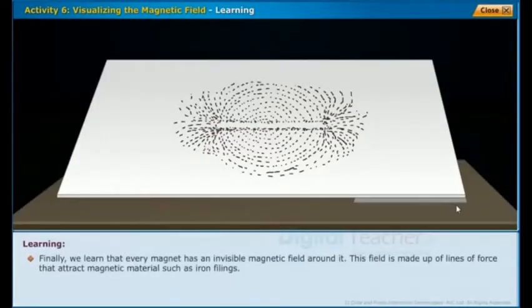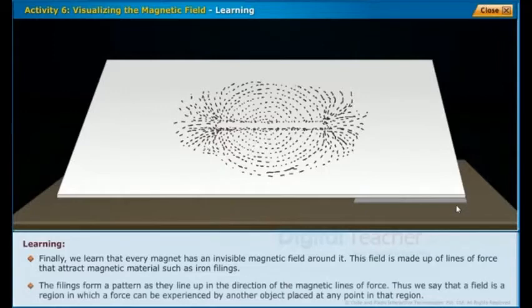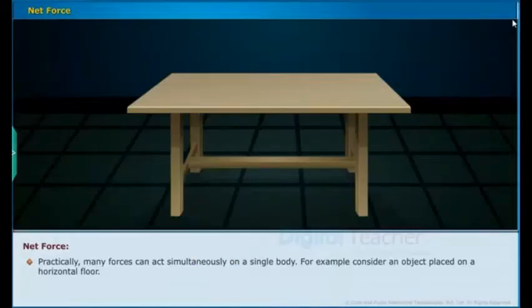We learn that every magnet has an invisible magnetic field around it. This field is made up of lines of force that attract magnetic material such as iron filings. The filings form a pattern as they line up in the direction of the magnetic lines of force. Thus we say that a field is a region in which a force can be experienced by another object placed at any point in that region.